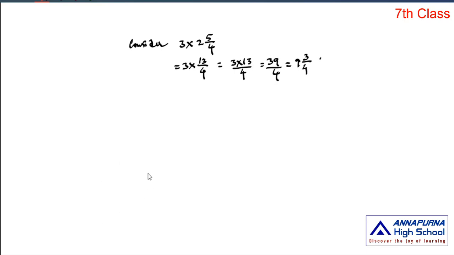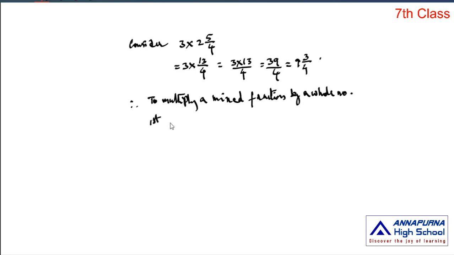Therefore, to multiply a mixed fraction by a whole number, first convert it into an improper fraction and then multiply.